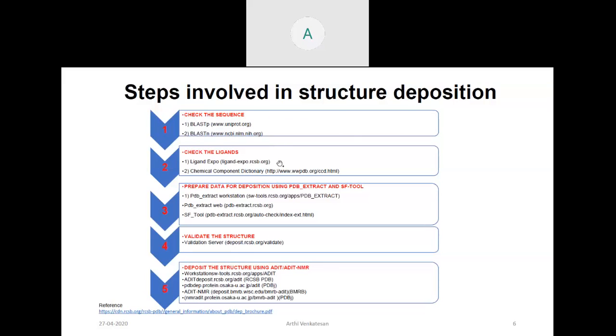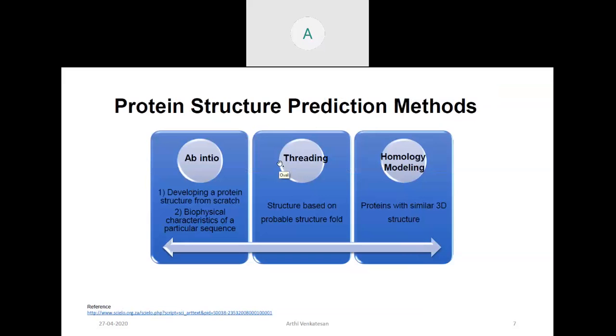Next is protein structure prediction methods. So far I have discussed wet lab techniques and how to deposit a protein structure. Now we are going to discuss protein structure prediction methods. So what is structure prediction? As a bioinformatician, as a computational biologist, for example, you can take COVID-19.